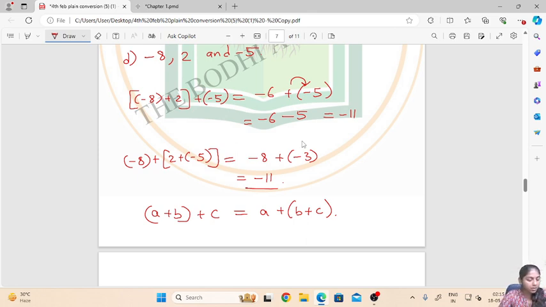Thus we say that addition is associative for integers. So we were learning the associative property.